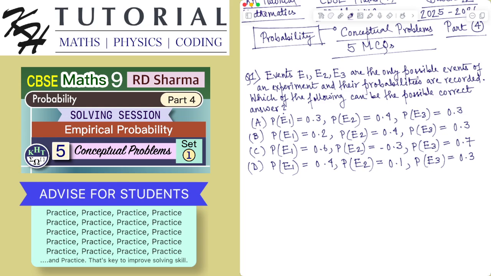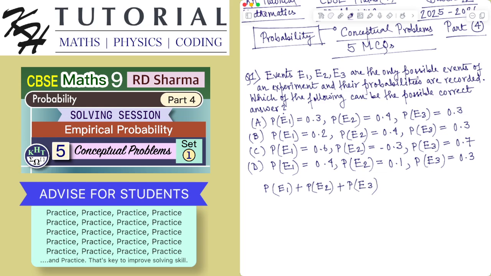So we know in that case we must have probability E1 plus probability E2 plus probability E3 equal to 1: the sum of the probabilities of all the elementary events of a random experiment is always equal to 1. We have to check this for all the given choices.